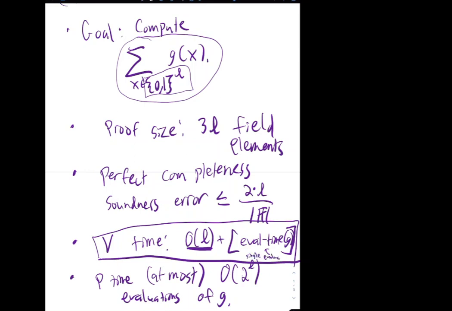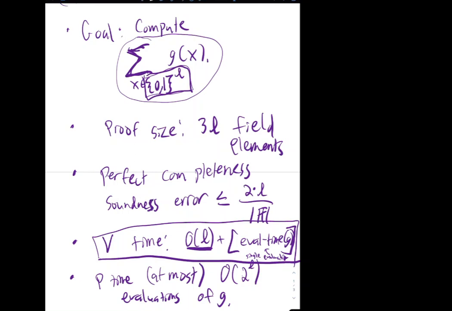In many cases, evaluating G at a single point will be much faster than computing this whole sum, which at least naively requires evaluating G at the 2 to the L Boolean points. So the verifier is saving time by using the protocol to force the prover to do the hard work of solving the problem for it.